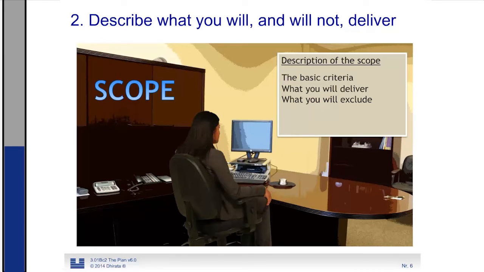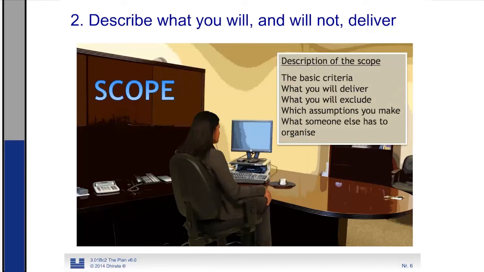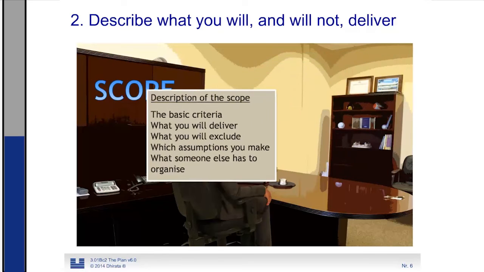These are the out-of-scope statements, which assumptions you have made during the whole estimate process, and what other people need to organize. So things that you're not going to organize, but your project is dependent on them anyhow, so they should be organized.